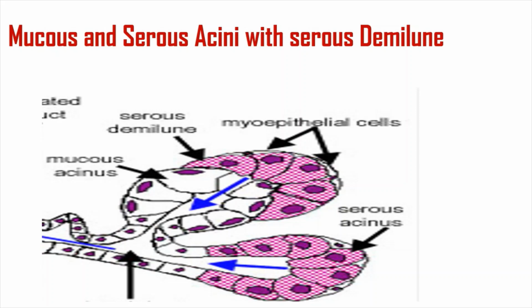So this is just a schematic diagram that is showing us the serous and the mucous acini with serous demilune. The ones that stain pale here are the mucous acini. The ones that stain purple are the serous acini. And then they've got myoepithelial cells. Myoepithelial cells are cells that contract to squeeze the gland so that it can release its secretions.